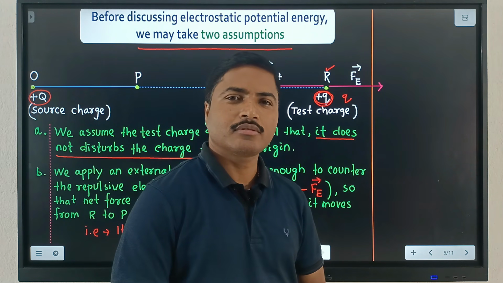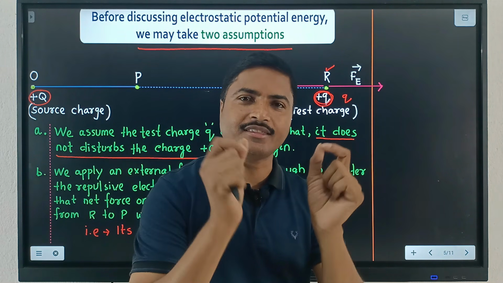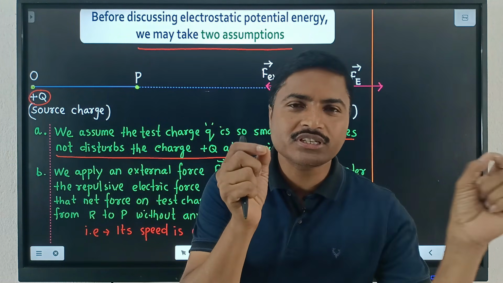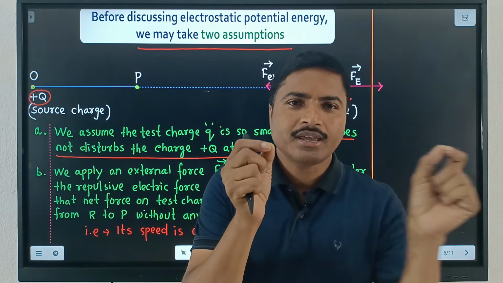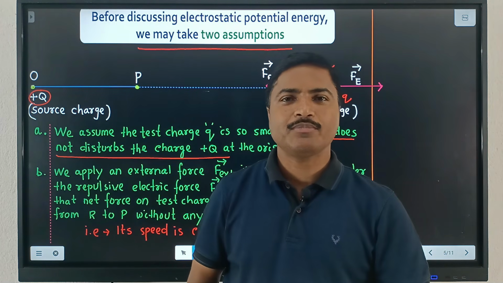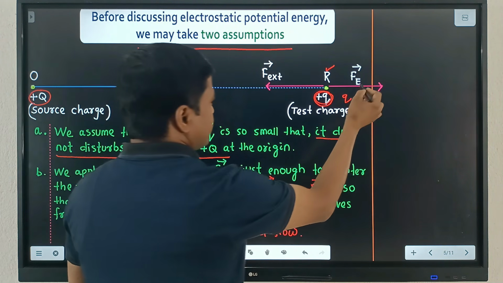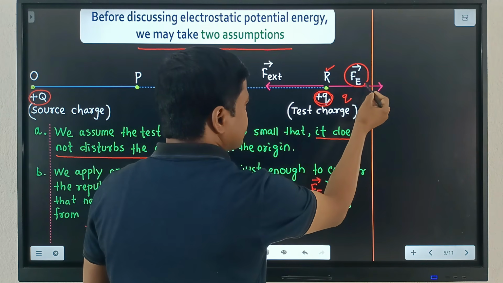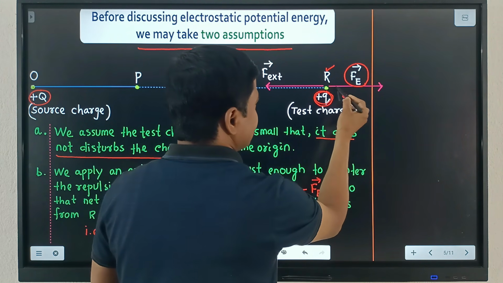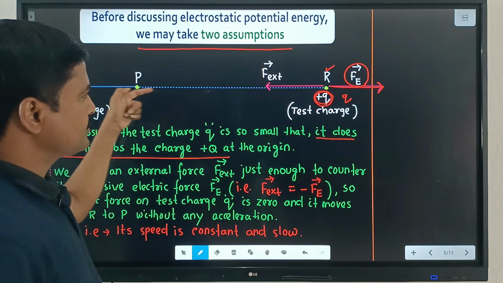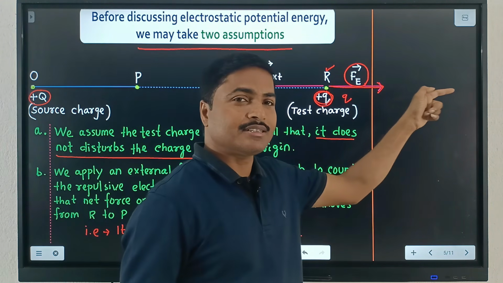You know, if two positive charges are there, then a repulsive electrostatic force is applied. In this case, same thing. A repulsive electrostatic force is applied on this test charge along this direction. Suppose this one is your x-axis, along the positive x-axis.